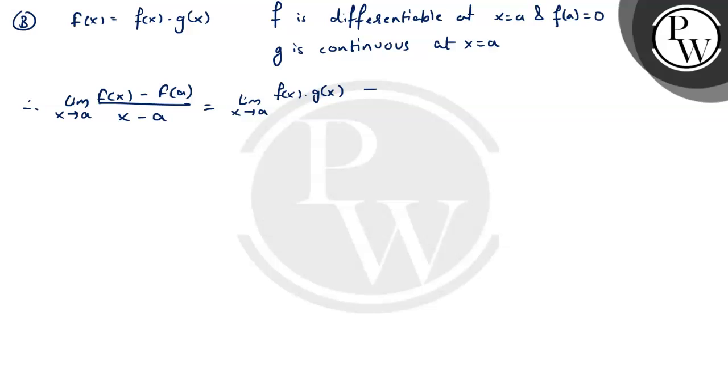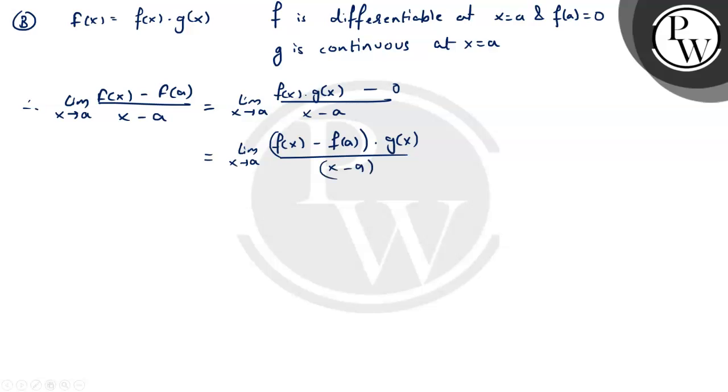F(a) is 0, so capital F(a) is equal to 0. Now further, we can write f(x) as f(x) minus f(a), multiplied by g(x), divided by x minus a, since f of a is 0.